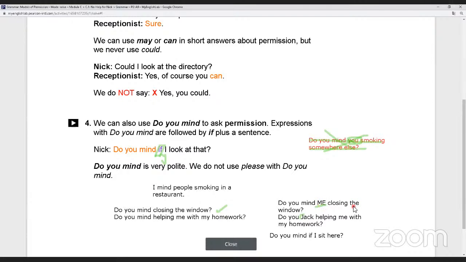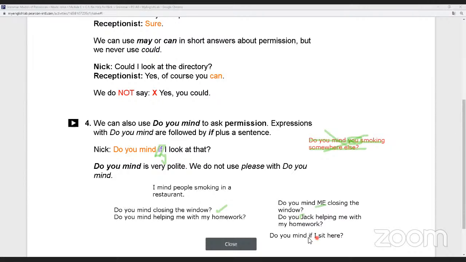Do you mind me? I'm talking about me. So we have to take care in that part. And we have the other use, "if": if I sit here. So that will be everything about point number 4. Do you have any questions? I don't think so. All right, thank you.